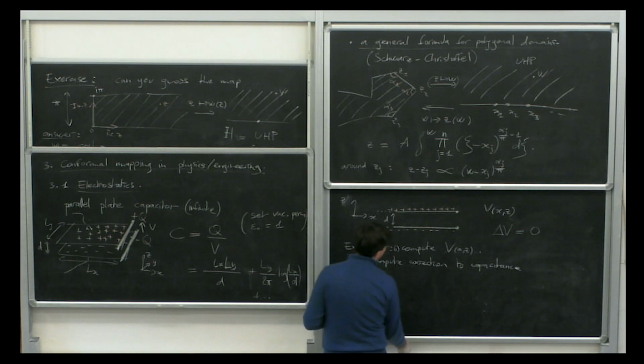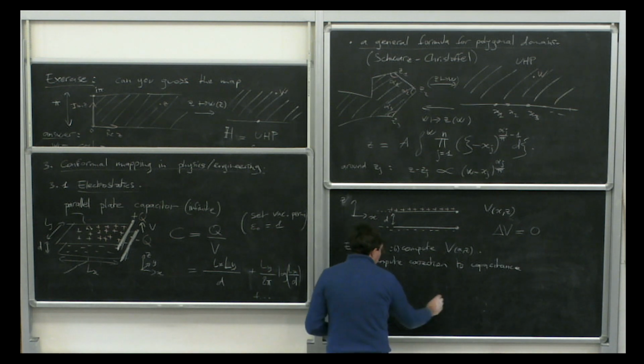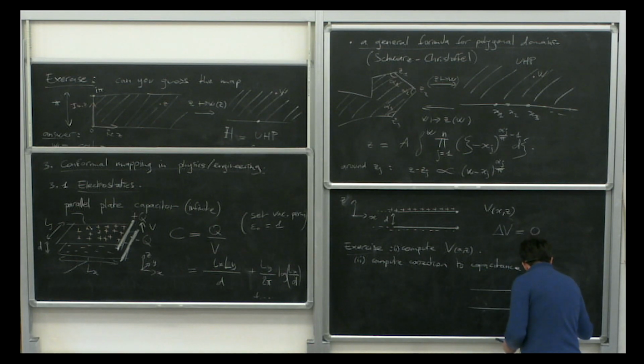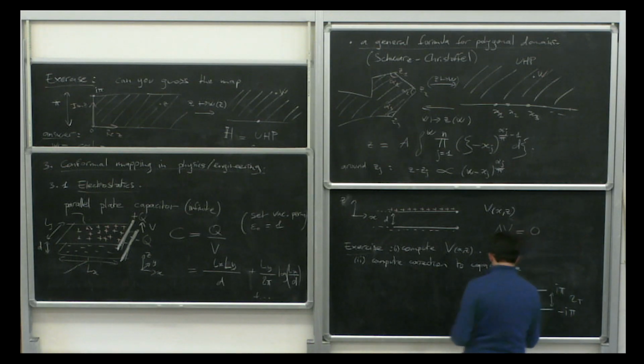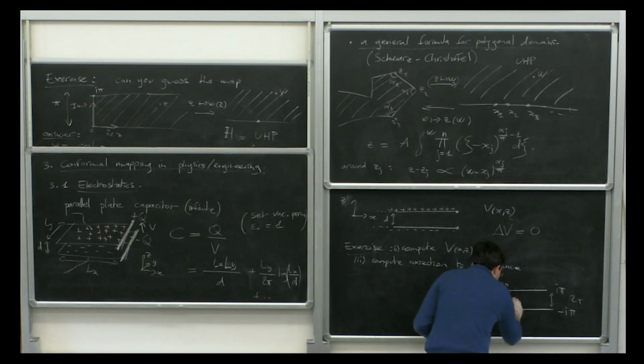The key ingredient of this calculation is a conformal map from an infinitely long strip of width 2 pi here. So this is an infinitely long strip. This is the point minus i pi, this is i pi, and this is x and z, say.